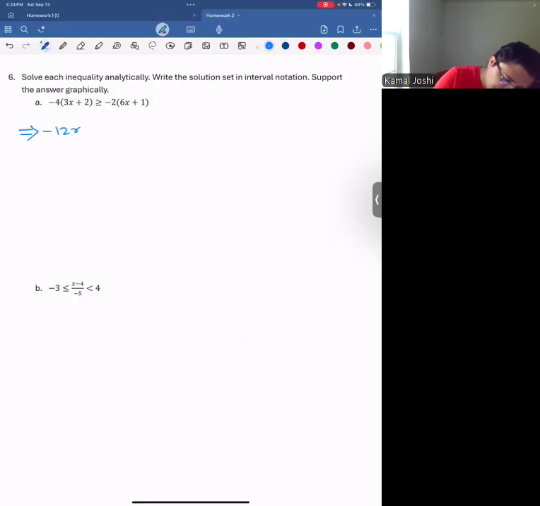Minus 12x minus 8 minus 12x minus 2. Okay. So 12 and 12, minus and minus on opposite sides. So basically you can cancel them out. So this is similar to an equation. You get minus 8 equal or greater than minus 2.